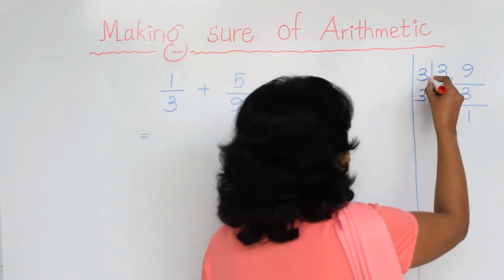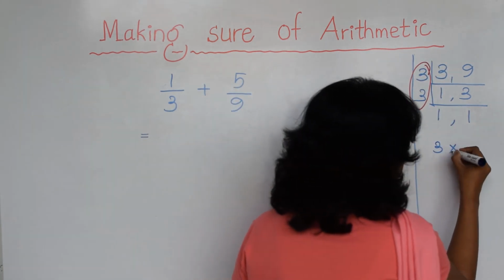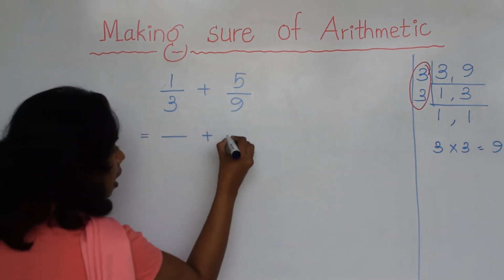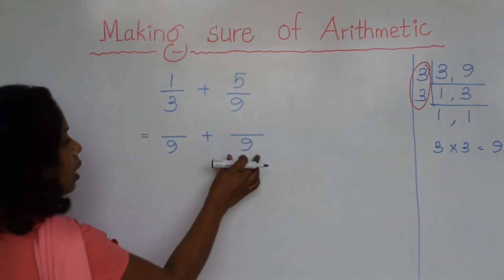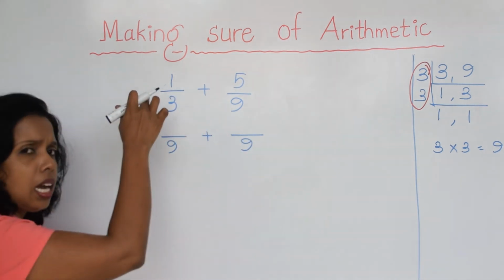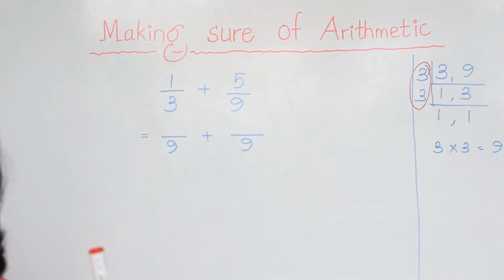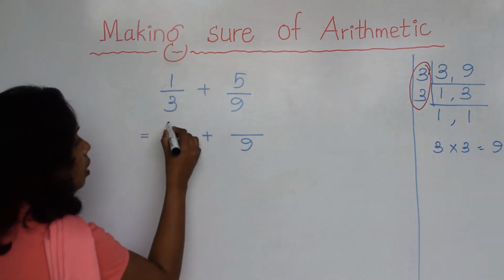Then what I want to do, children, I take these two numbers and 3 times 3, it is 9. Carefully look at and follow this, right? Now what happened? 3 times 3, 9. That is how you convert 3 into 9, right? 3 times 3, 9. 3 times 1, 3.